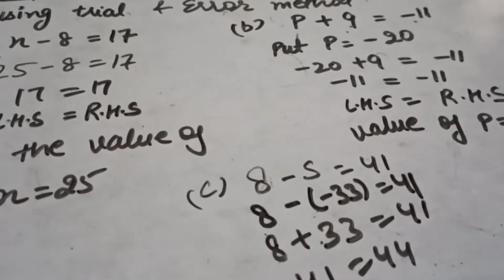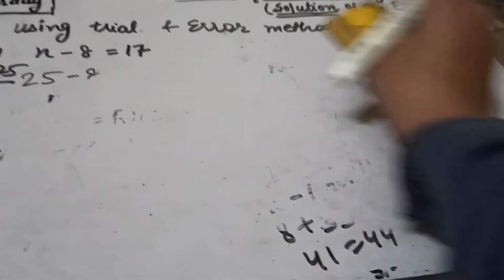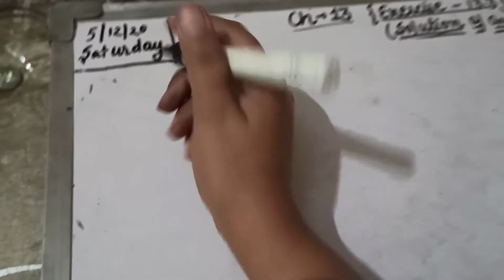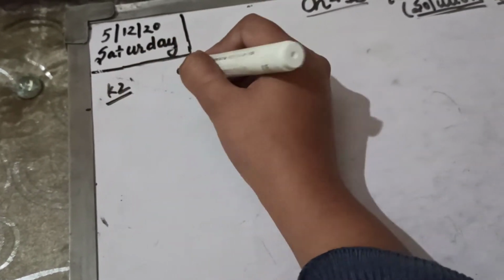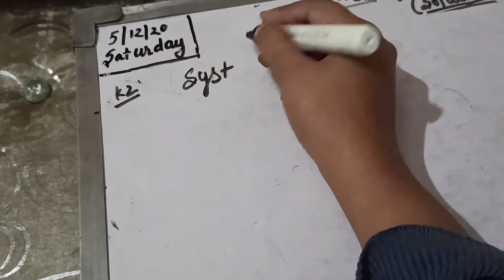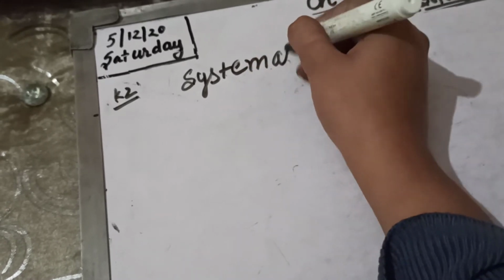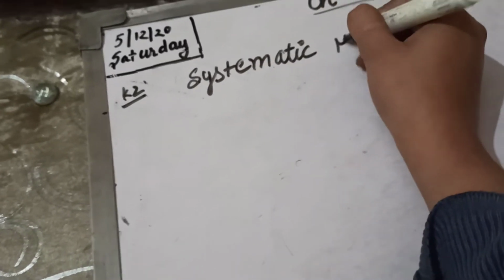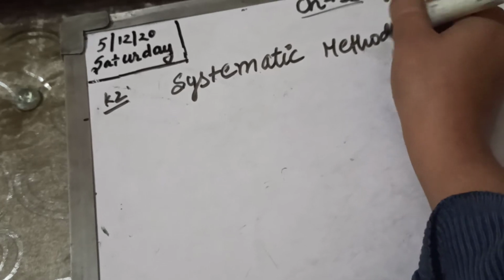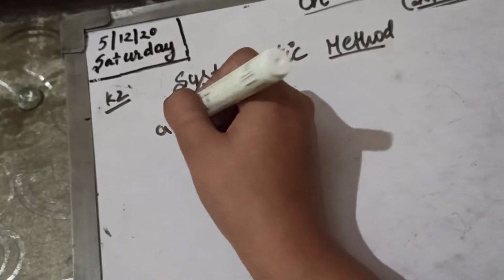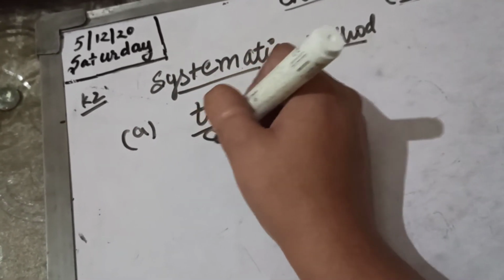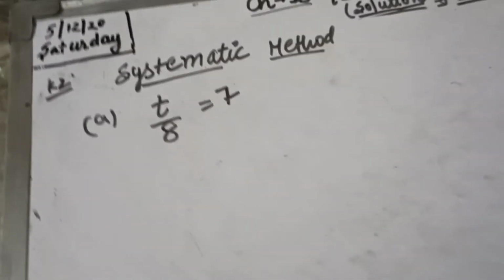After this, K2: solve the following equations using the systematic method. Which method, beta? Systematic method. Now see, in this, like first is t by 8 equals 7.